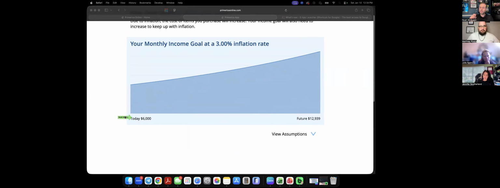It's a good pen, right? 6 grand today. Fast forward to retirement age, same exact pen, nothing special. It's going to cost 13 grand to buy it. That's inflation. That's the purchasing power of your dollar decreasing over time. Does that make sense? Okay, so when we plan for your money, Matt, as a client, we have to plan for you off of the big number. Otherwise, you're going to run out of money too soon. And that's what we don't want to happen.